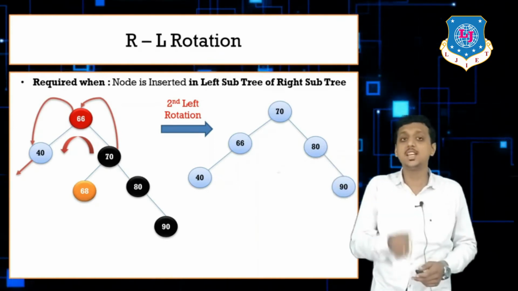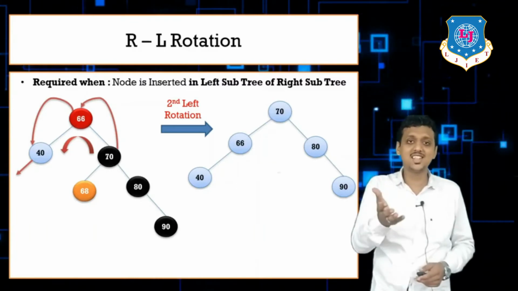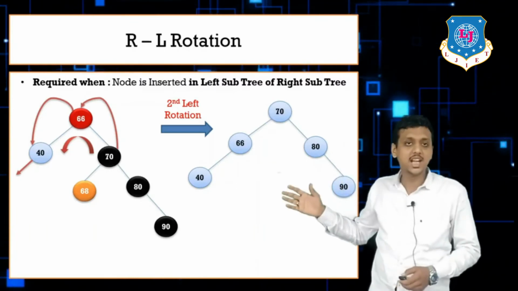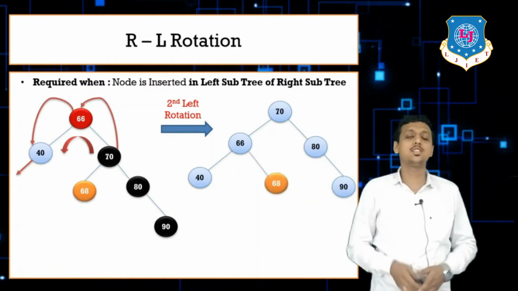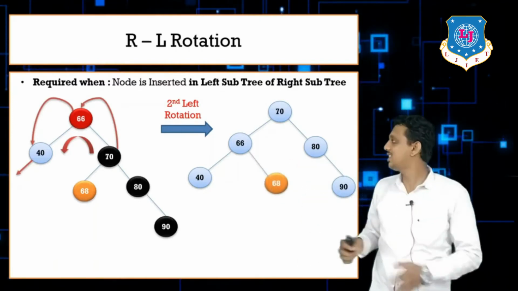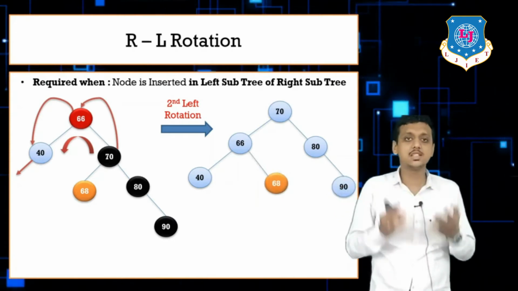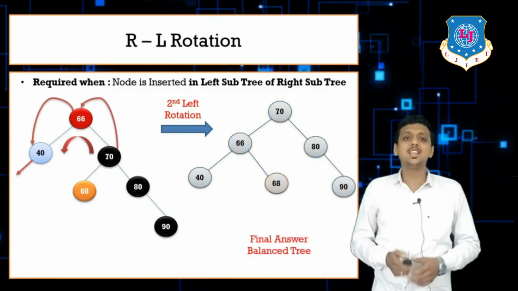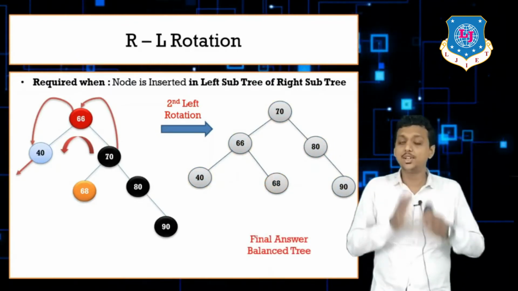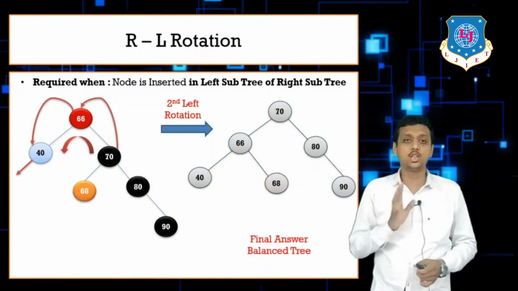Compare 68 with 70. 68 is less than 70, so move towards the left side. 68 is greater than 66, so move towards the right side. So students, 68 will be set on the right side of 66. Fine. So this is our final answer after applying RL rotation.